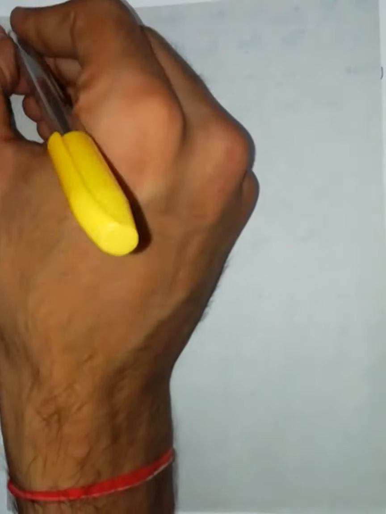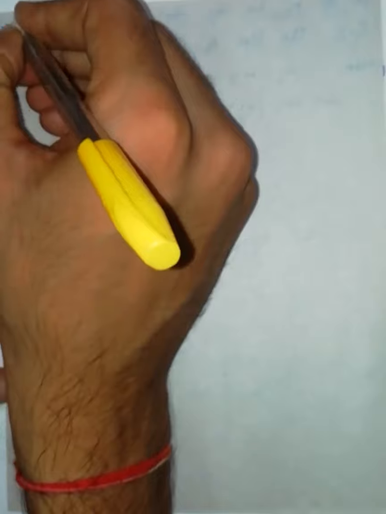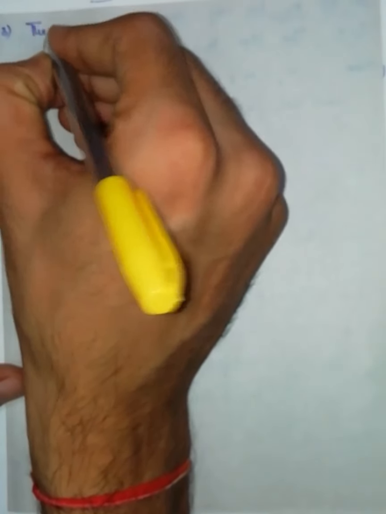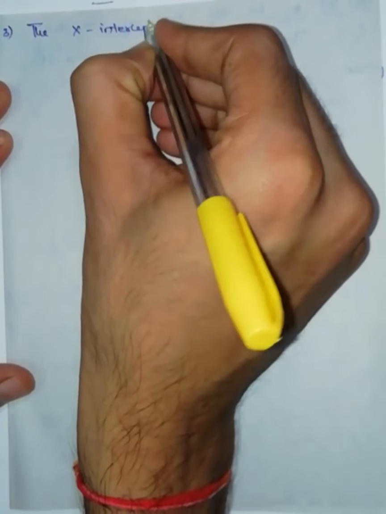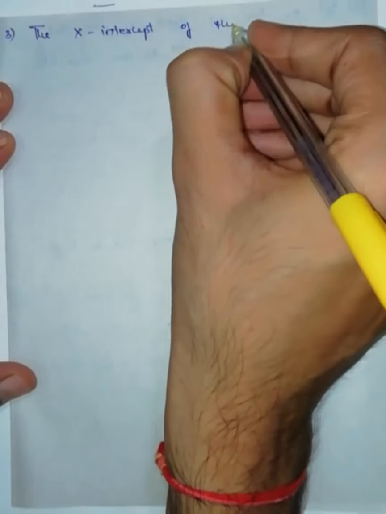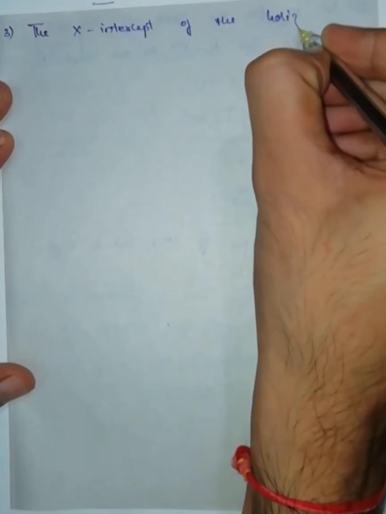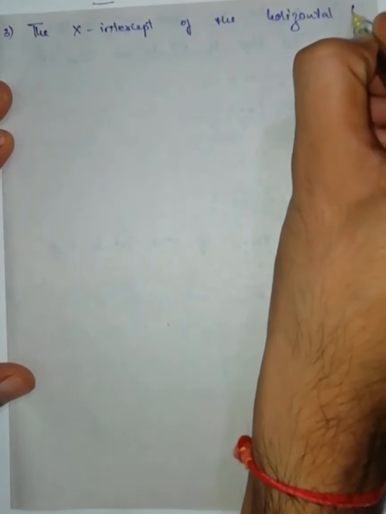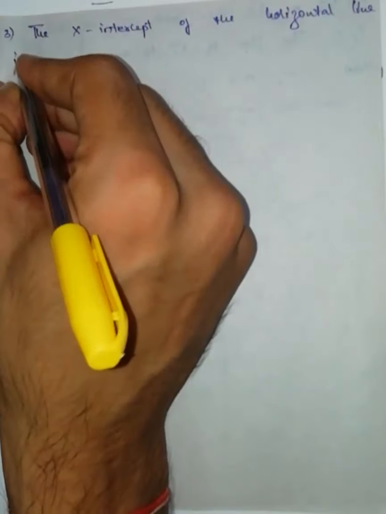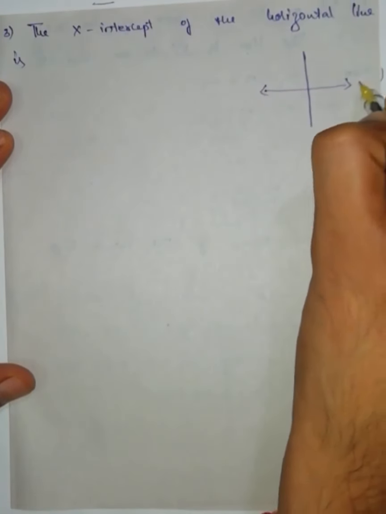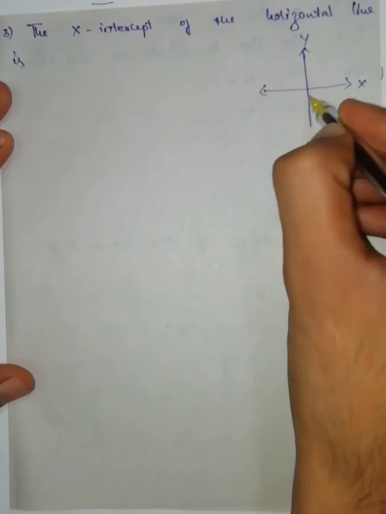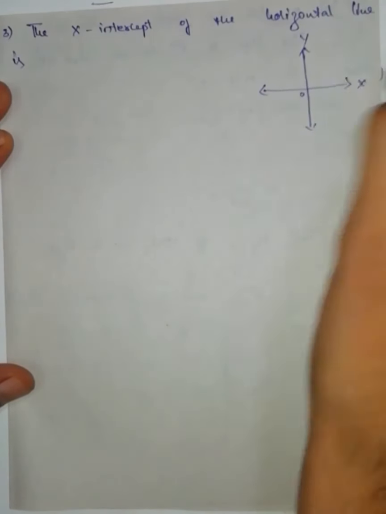Now note 3. The x-intercept of the horizontal line is, this is the coordinate axis. Let us take any horizontal line.